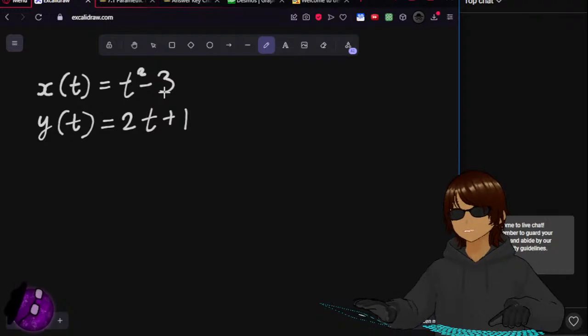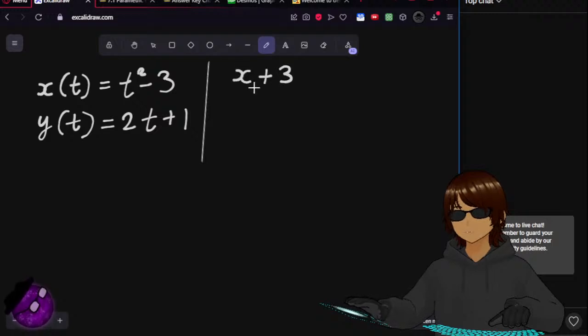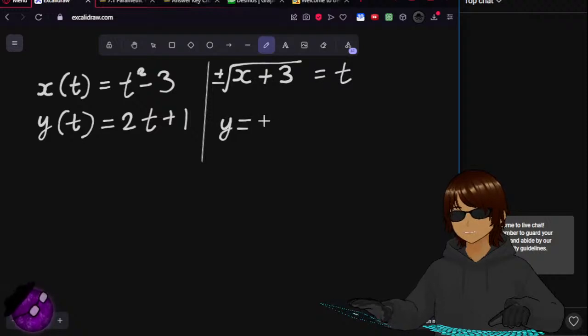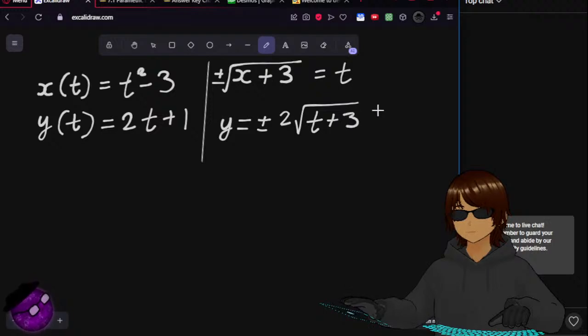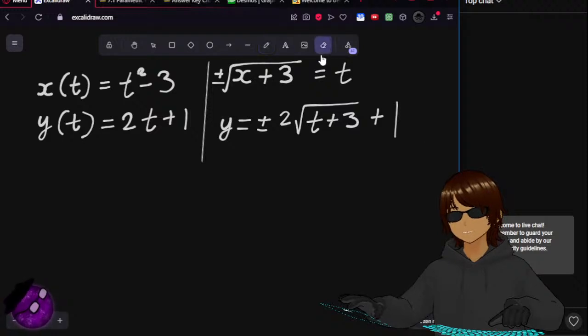So what we can do is, we can write this as square root of x plus 3 equals t, and then y is 2t plus 1.